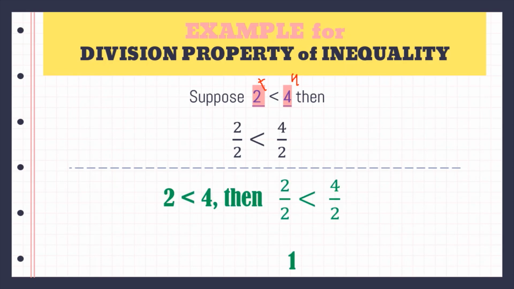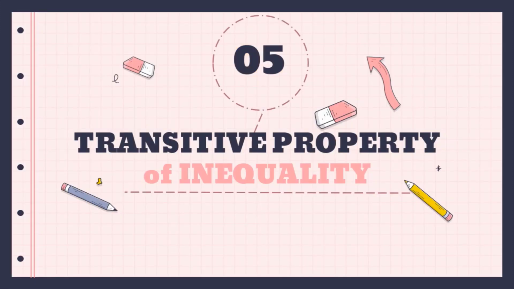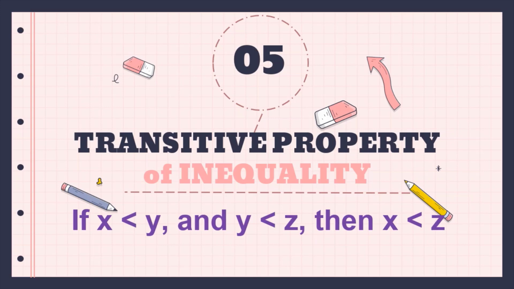So, that will be 1 less than 2. So, this is true. Next, transitive property of inequality. So, if x is less than y and y is less than z, meaning x and z, x is less than z.